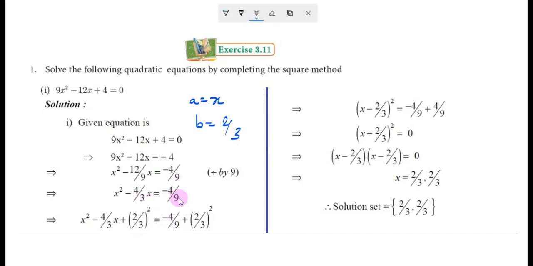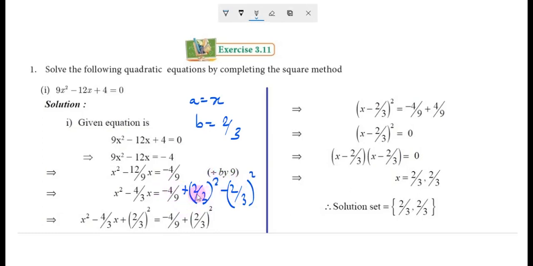So here we don't have any value 2 by 3, so then I take plus 2 by 3 the whole square and minus 2 by 3 the whole square, because when we simply cancel means the previous step should come.